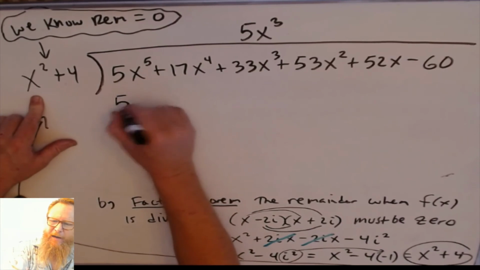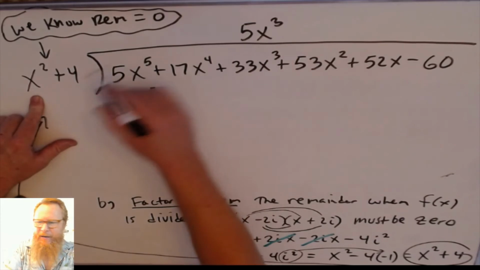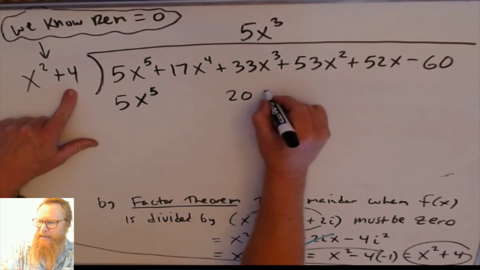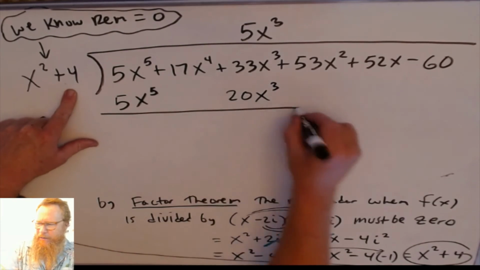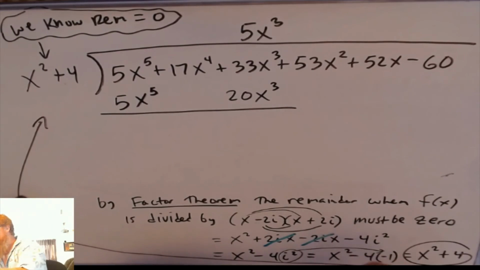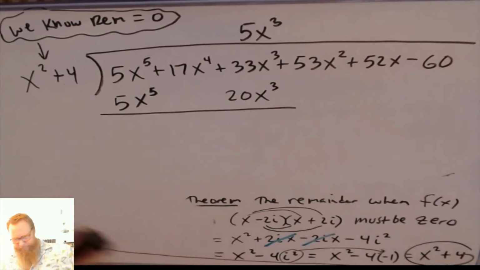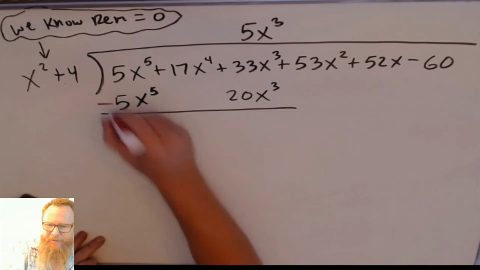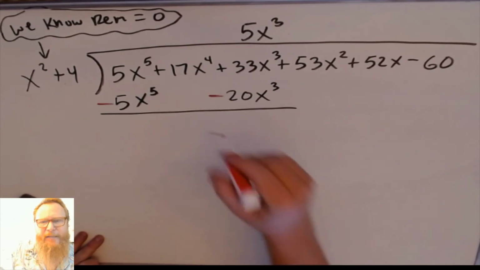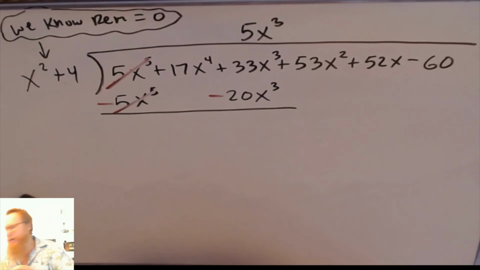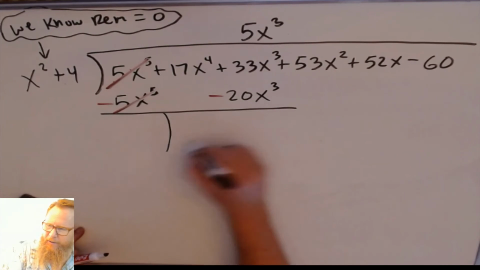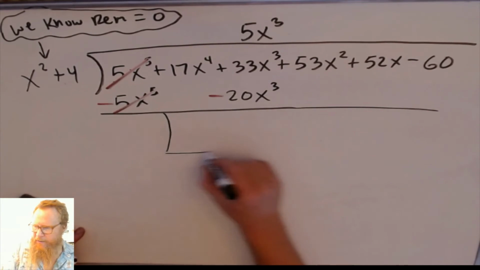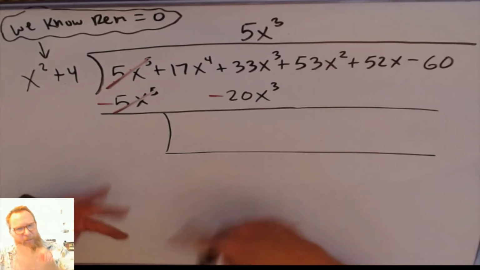Multiply, you get 5x to the 5th plus 20x to the 3rd. Here comes the negative. Change that sign, kill the leader, and start another cycle. Call that a revolution.